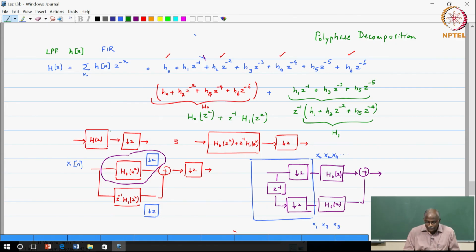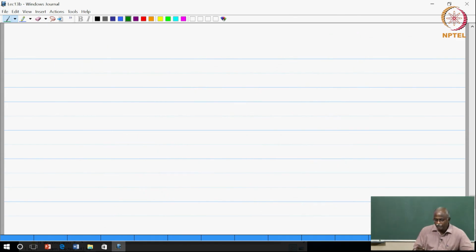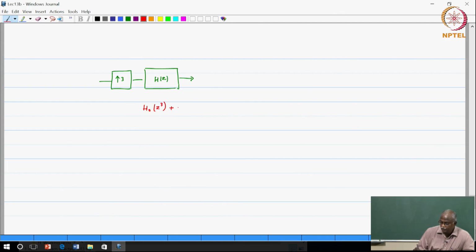Just as you did the downsampling by a factor of 2, I would encourage you to think about upsampling by a factor of 3, which you would then have to follow up with an interpolation filter H of z, which I would like you to think of in terms of H0 of z cubed plus z inverse H1 of z cubed plus z minus 2 of H2 of z cubed. Instead of one polynomial, I wrote it as 3 polynomials, each of which are powers of 3. But with the z minus 1 and the z minus 2, you get all the powers of z.